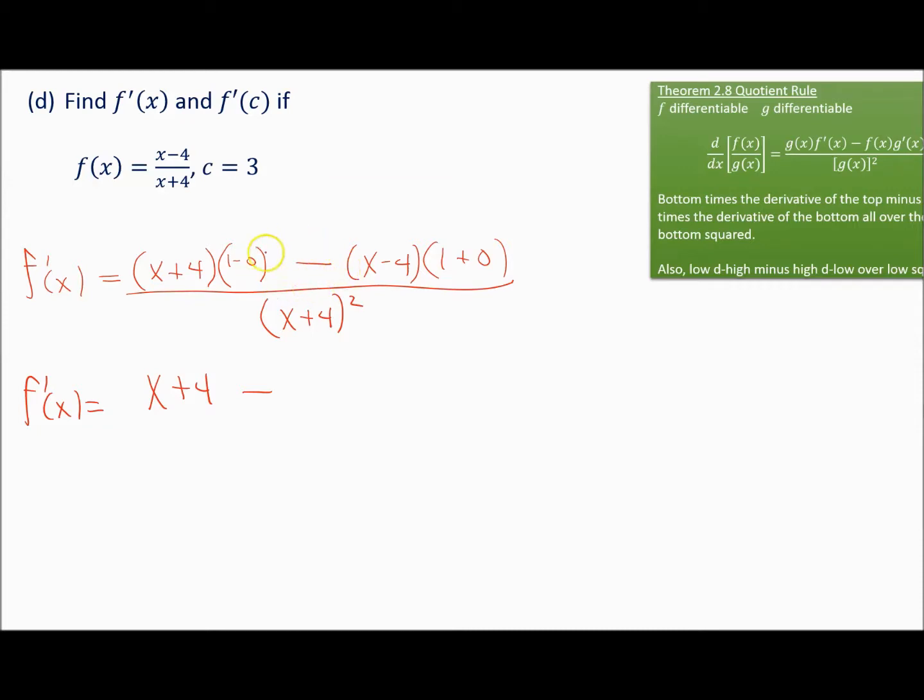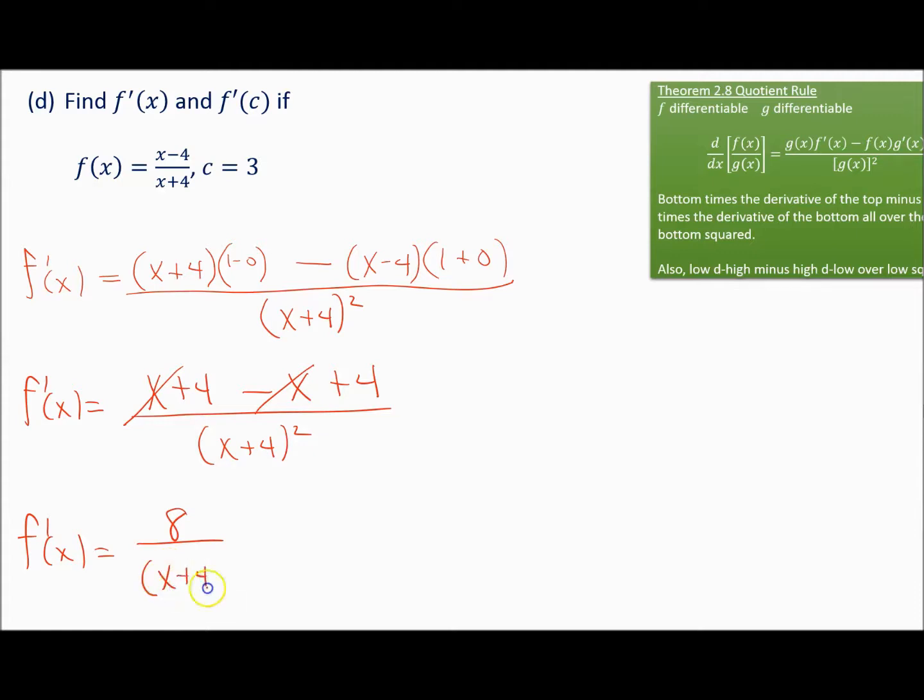But this quotient rule's got a minus, so this is going to be minus x, and then plus 4 over this x plus 4 squared. I continue to simplify. F prime of x is equal to, now I got an x and a minus x. Hey, that was nice. 4 plus 4 is 8 over x plus 4 squared. And that's my derivative. That's a perfect way to write it. Don't feel like you have to do anything else to that.